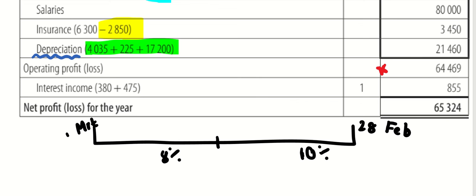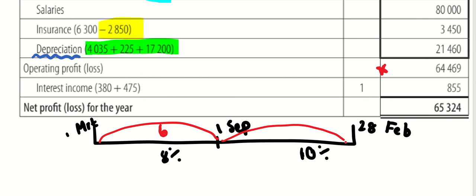Okay, so van Maart tot 1 September. Maart tot 1 September, kom stel hoeveel maande is dit? Maart, April, Mei, Junie, Julie, Augustus. So dit is 6 maande, 6 months. Remember, don't add September because September isn't finished yet. So that was the first 6 months, and then the last 6 months was the 10%. Okay.